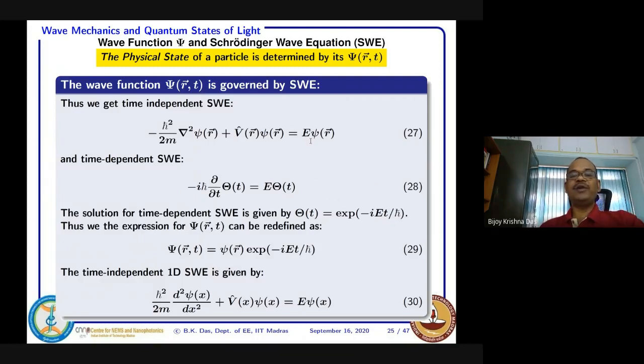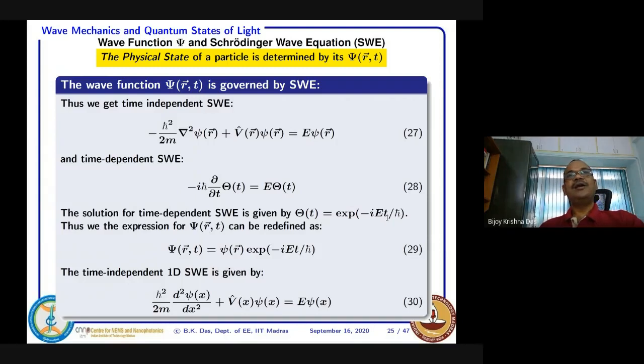So far we have not defined E. It is a constant; we consider it as a constant so far. Now this is actually e to the power minus i E t by h cut. H cut is related to Planck's constant. And if you write E equal to h cut omega, then this is e to the power minus i omega t.